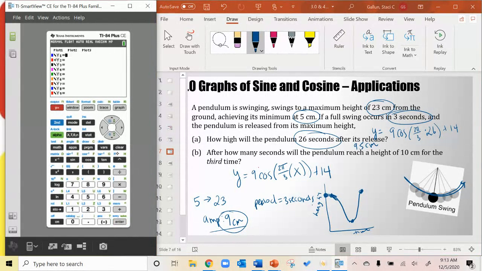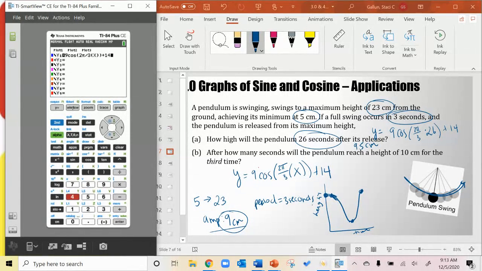All right, let's also go ahead and put this in y equals 9 cosine of 2 pi over 3 x plus 14. I'm not convinced I plugged that in right, but we're going to find out in a moment.